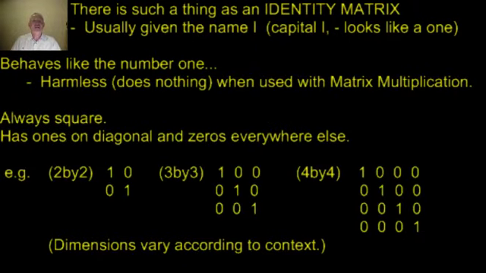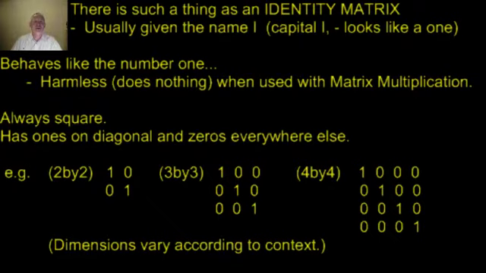Now the identity matrix is always a square matrix, and it has 1s on the diagonal and 0s everywhere else. So you might have been excused for thinking that the identity matrix might have 1s everywhere, because if you remember, the zero matrix has 0s everywhere, so why not have 1s everywhere in an identity matrix?